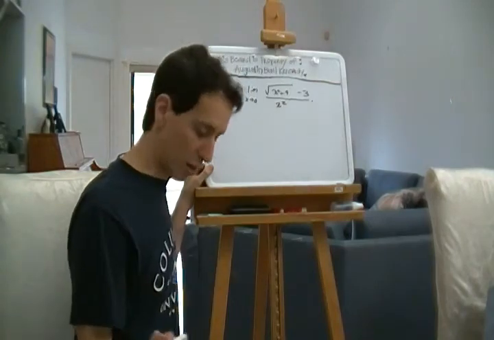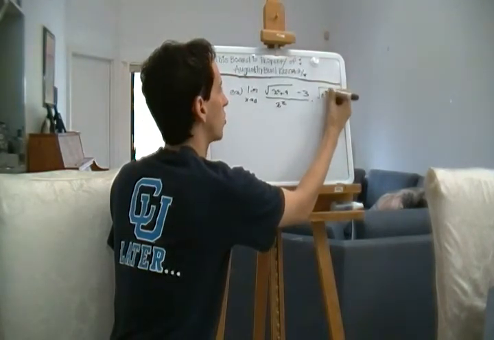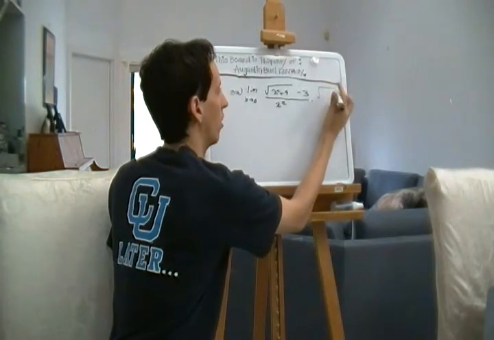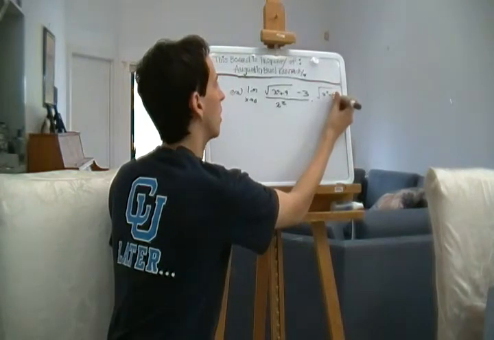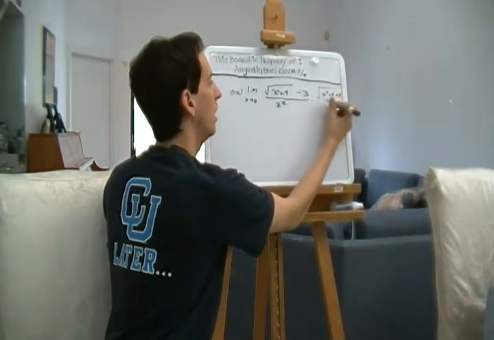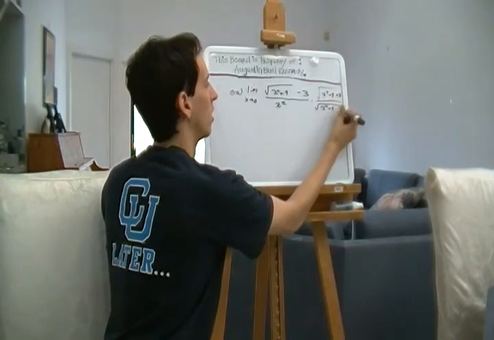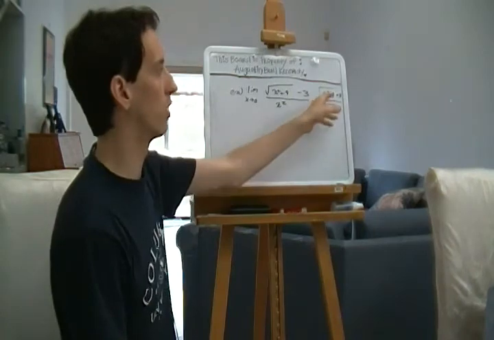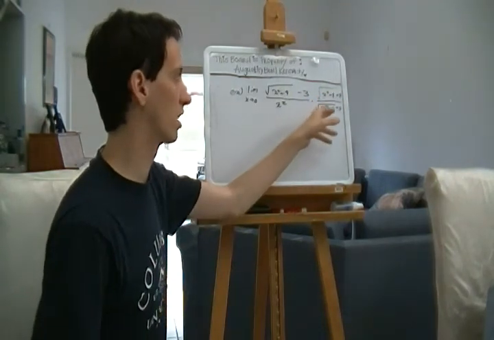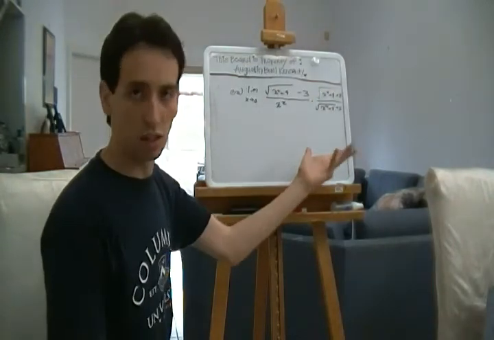So, here's a creative way of writing 1: the square root of x squared plus 9 plus 3 over the square root of x squared plus 9 plus 3. So you see we have the square root of x squared plus 9 plus 3 over the square root of x squared plus 9 plus 3 outside of the radical. That's technically 1.